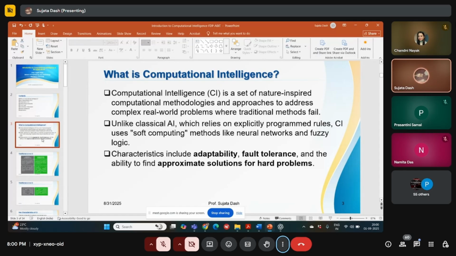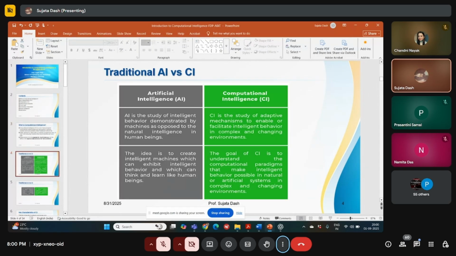This is what I thought of giving you to start my lecture, and now let me explain the difference between traditional AI versus computational intelligence. First, let me tell you something about artificial intelligence.